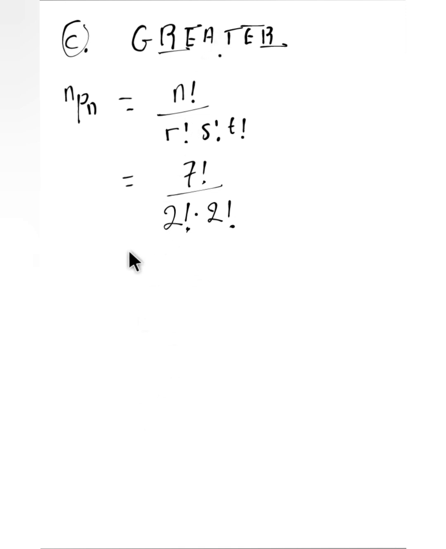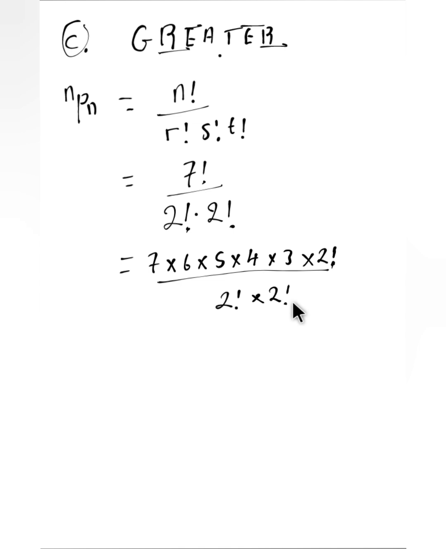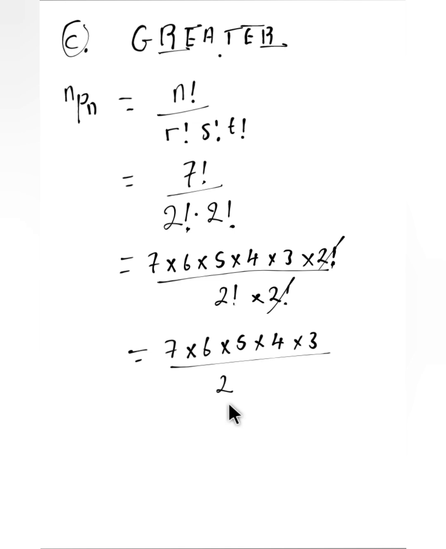So let's simplify this expression. It becomes 7 times 6 times 5 times 4 times 3 times 2 factorial all over 2 factorial times 2 factorial. Of course, 2 factorial cancels 2 factorial. So we are left with 7 times 6 times 5 times 4 times 3 all over 2, because 2 factorial here is 2. Now if we simplify this, just use your calculator to multiply this and divide by 2.